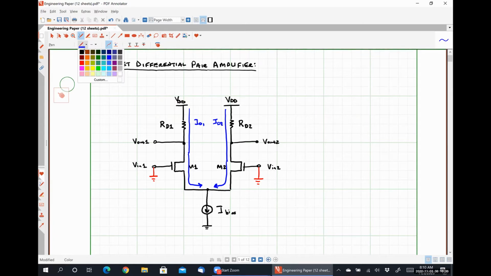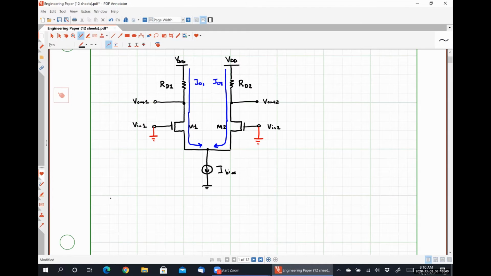And we can use Kirchhoff's current law to find that our drain current ID1 plus our drain current ID2 must be equal to our bias current. We cannot avoid this fact.